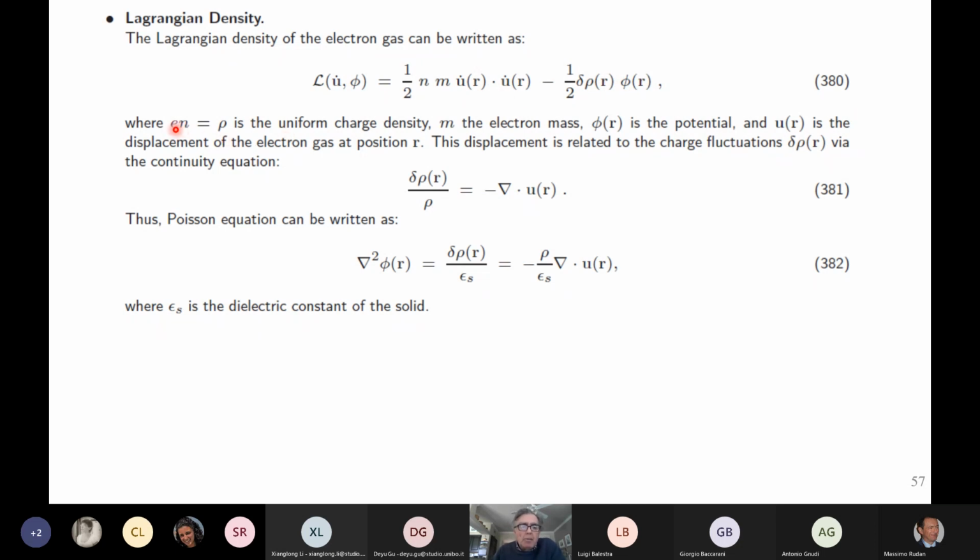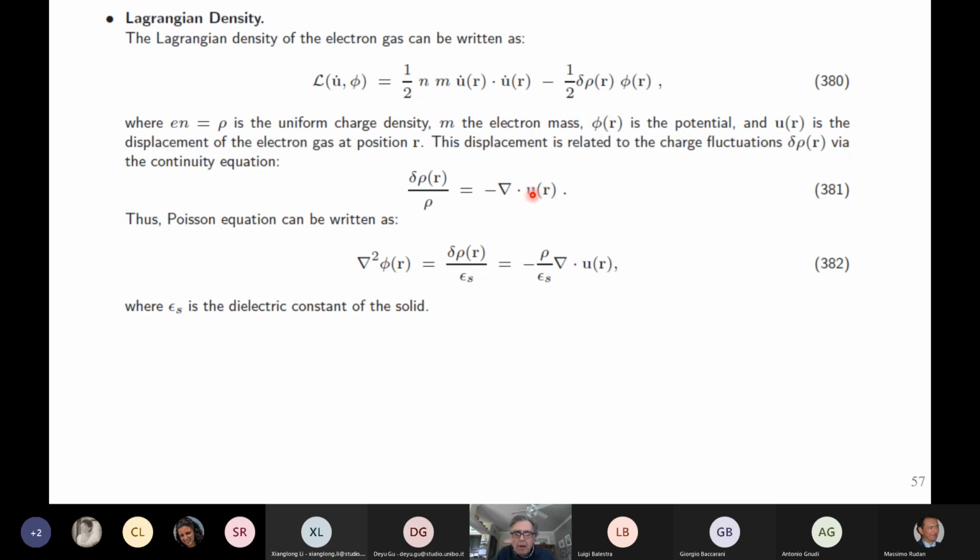Again, the product of the charge times n is equal to rho, which is the uniform charge density. We can call it rho sub 0. Okay, good. Now, the delta rho, the change of charge that I have, is related to the displacement by taking its divergence. If I have a uniform displacement, I get nothing.